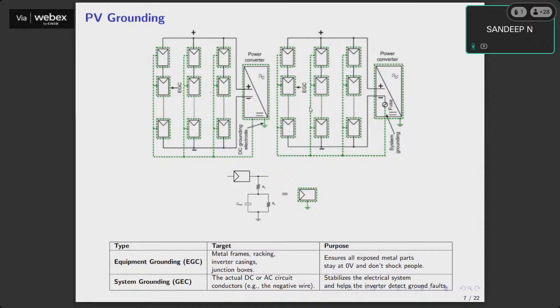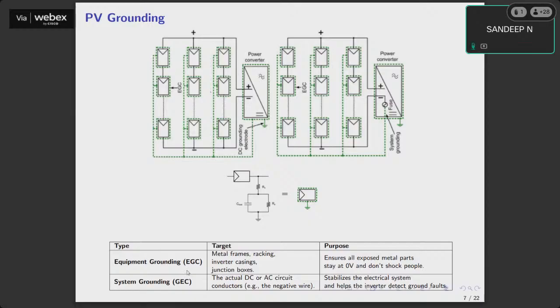This capacitance is going to cause a leakage current to flow, and that path will be through the grounding path, which we have provided for safety purposes. That is what is written in this table.